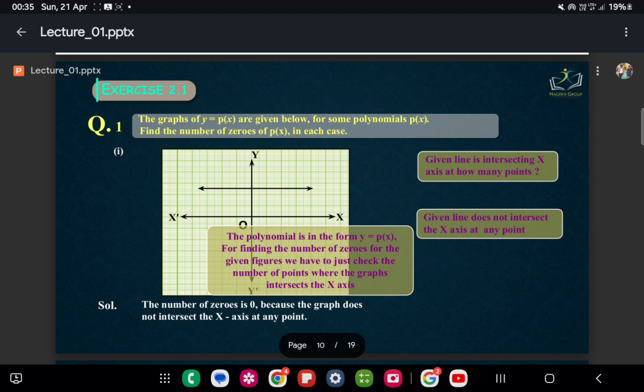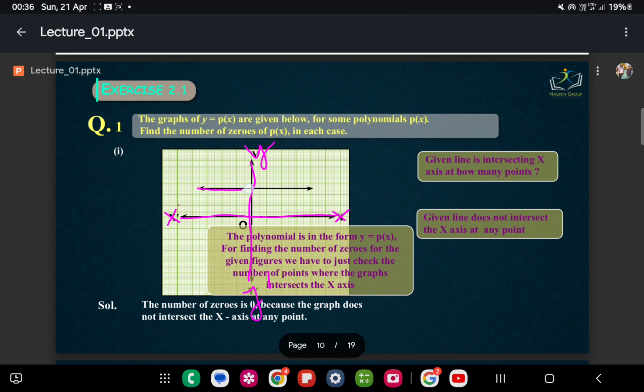See, in the graph, I will represent the graph. This is the x-axis, this is x dash, this is the y-axis, this is y dash.